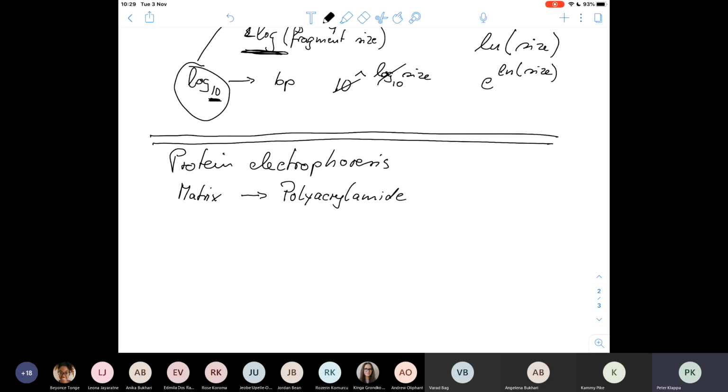Of course, we could have the protein totally unperturbed, and we are not forcing any charge on it. So no charge forced. We leave the protein basically in its natural state. Then we would talk about a native gel electrophoresis.